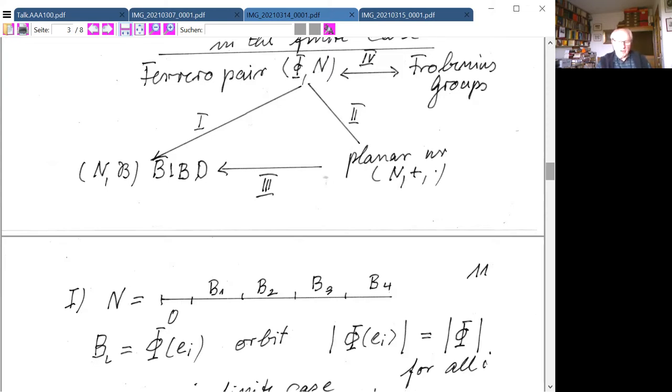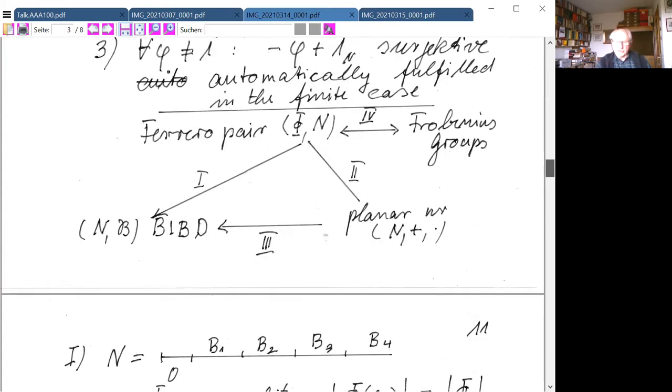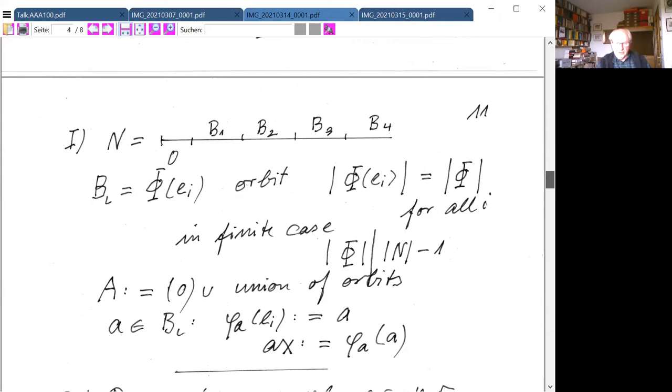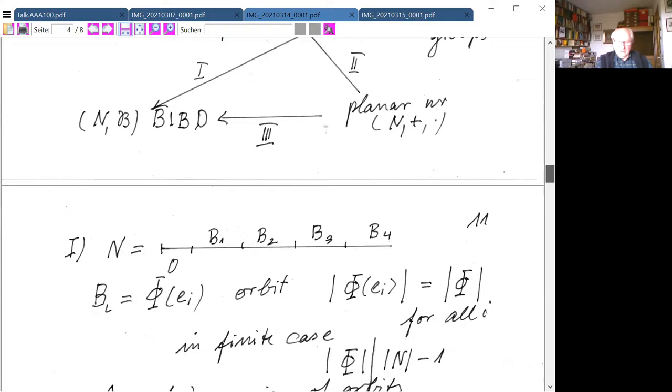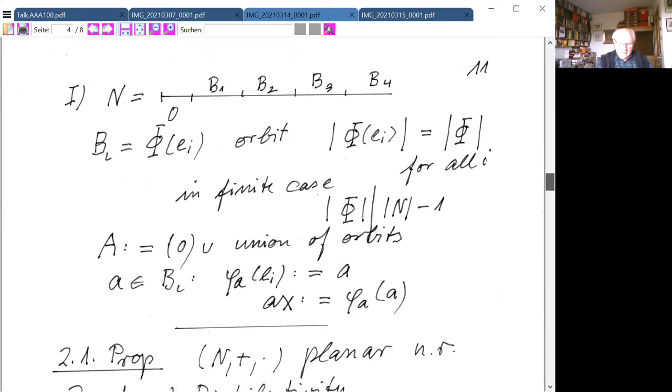So I think we deal first with this, and this will possibly be in the next session. I will say a few words on Frobenius groups, and then we go on. Now, upper part of page 11, please. Fine.